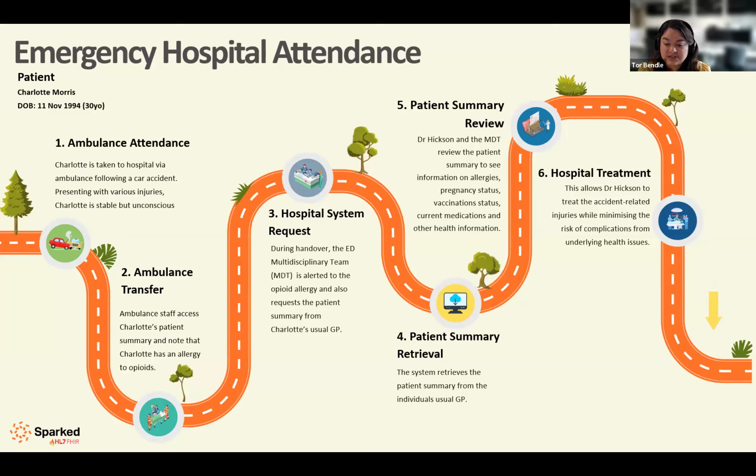This allows Dr. Hickson to treat the accident-related injuries while minimising the risk of complications from underlying health issues, such as the opioid allergy. So again, this is a scenario where the patient is unable to provide a QR code necessarily to their patient summary. So the clinicians in the ambulance and also in the ED have requested a patient summary.